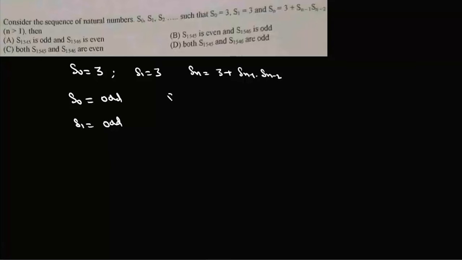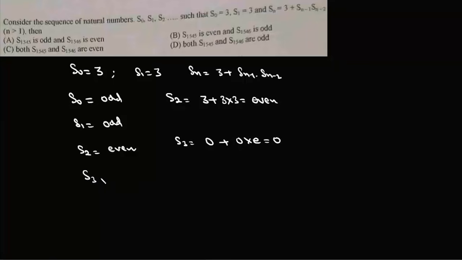Now if we look at S2, S2 will be 3 plus 3 into 3. This is odd plus odd, so it will be even. So S2 will be even. Now S3 is odd plus S1 into S2, so it will be odd into even, and odd into even is even, and odd plus even is odd.